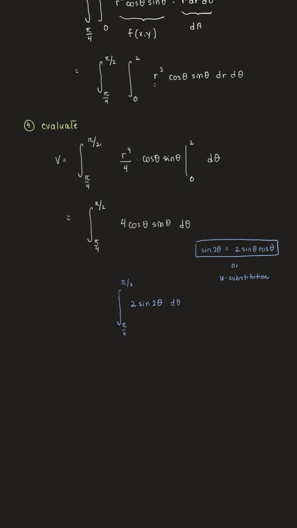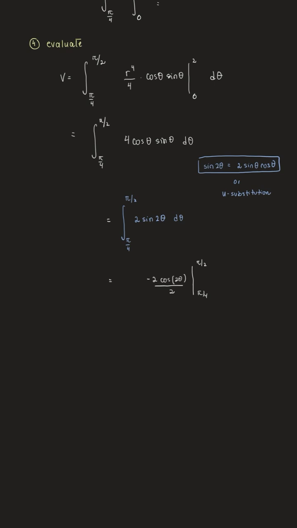So that's going to give me negative 2 cosine of 2 theta divided by 2, and this will be from pi over 4 to pi over 2. So let's simplify that a little bit, and we have a negative cosine 2 theta from pi over 4 to pi over 2.